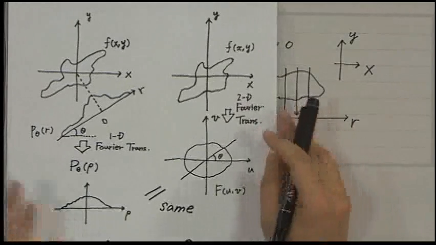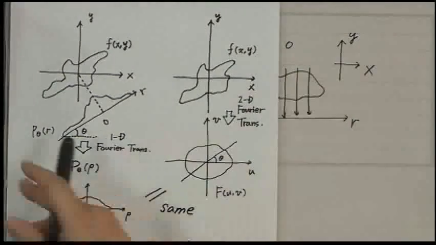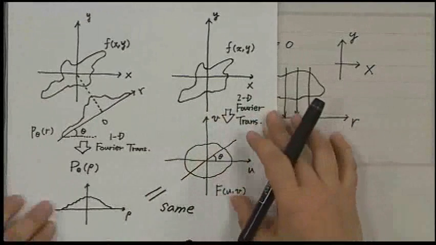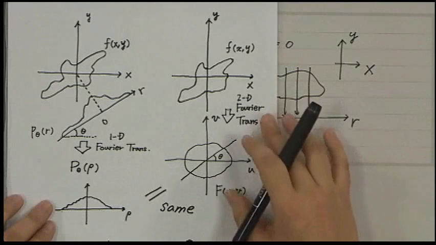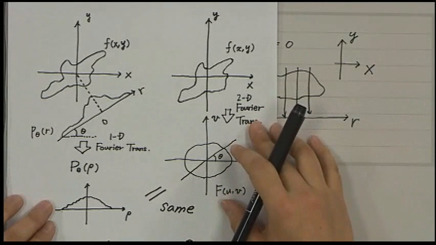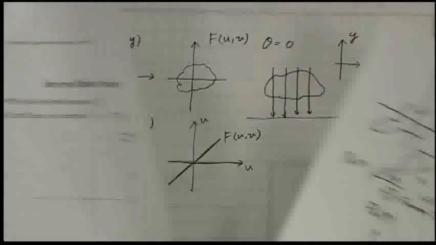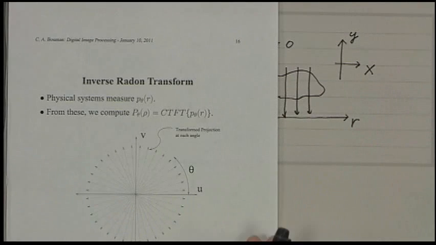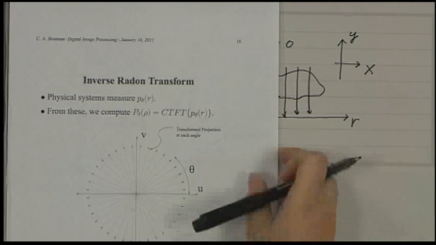But life is not so easy. If we use this method, there are many technical challenges to implement it. Why? Let's see the challenges when using the Fourier slice theorem.